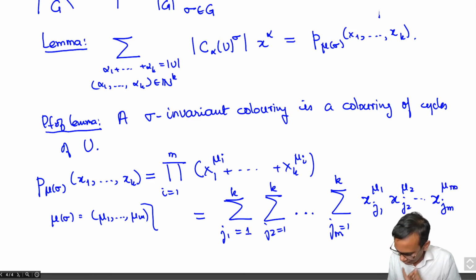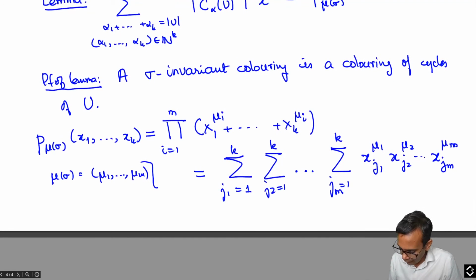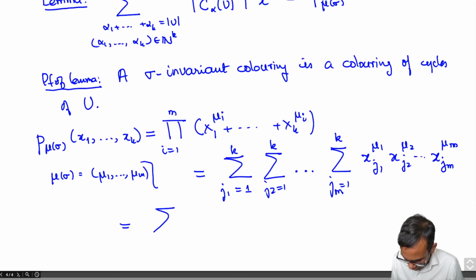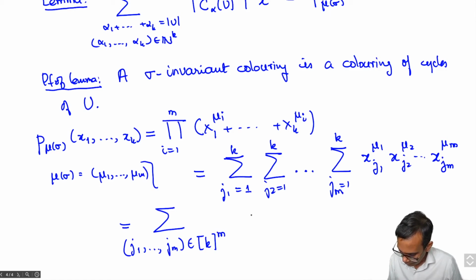Okay, that's just distributivity of multiplication over addition. And now you can think of this as a sum over j1, j2, ..., jm in k raised to m, and then we have x j1 raised to mu1, ..., x jm raised to mu m.